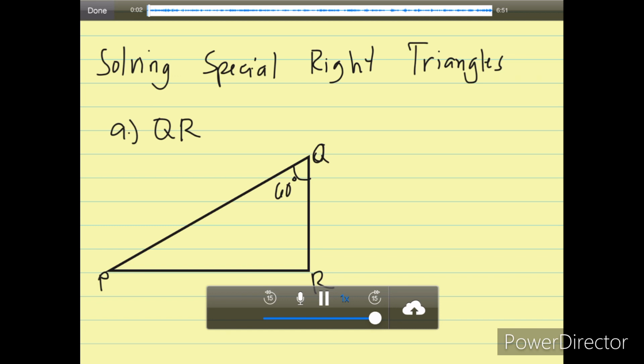Tangent 60 degree is equal to 15 over QR, because look, we are looking for the measure of the QR, or the length of the missing side. So we are looking for the QR.